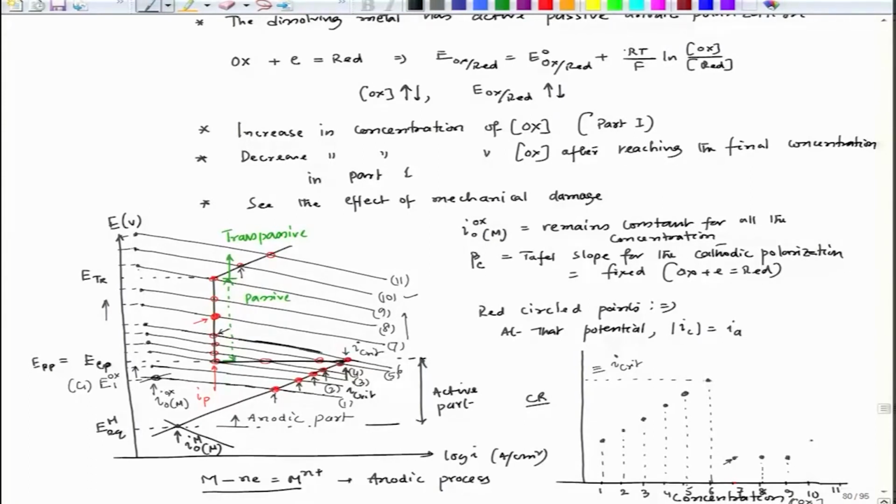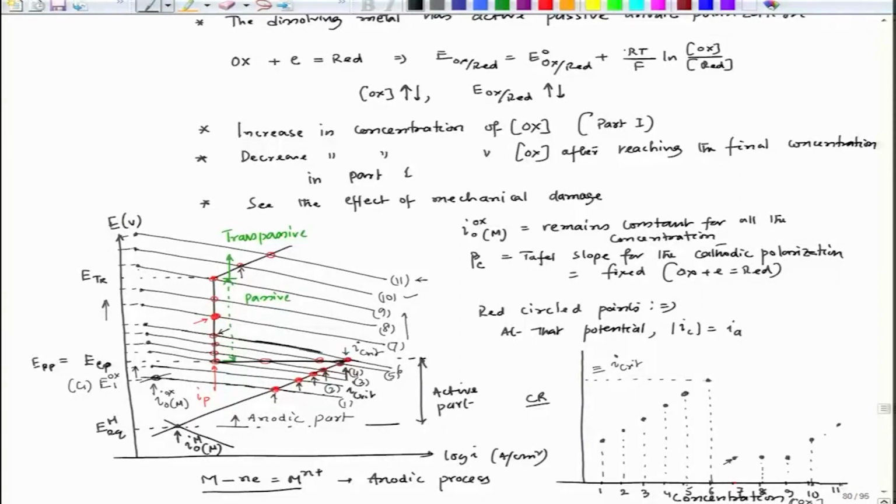So, the corrosion rate would be here, because small i is nothing but the rate of dissolution. This is the location I could achieve, and at 11 it is still further increasing. So, it will be here.